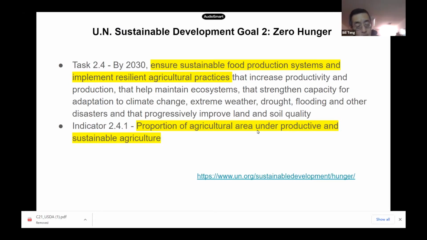Associated with each task are indicators or metrics. For task 2.4, the particular indicator is the proportion of agricultural area under productive and sustainable agriculture.